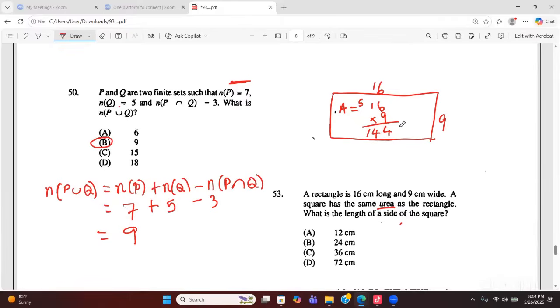So this area is 144. But remember that the square has the same area. That means one side of the square will be the square root of 144, which is 12. There it is. Working backwards and forwards.